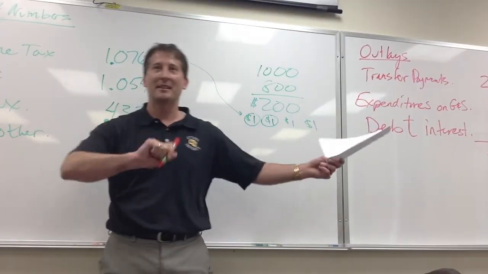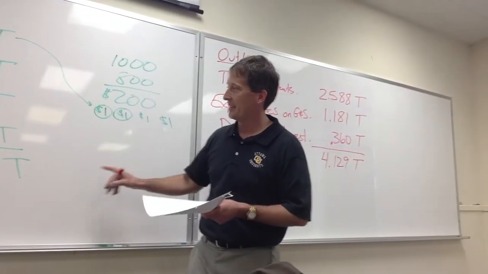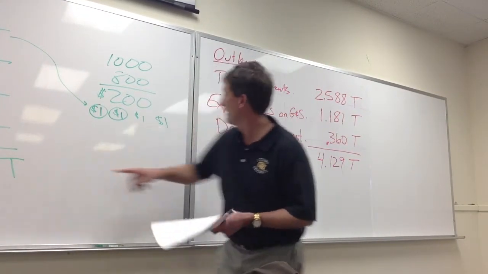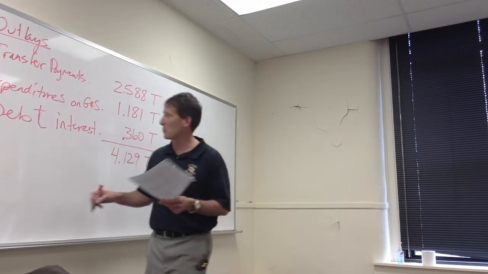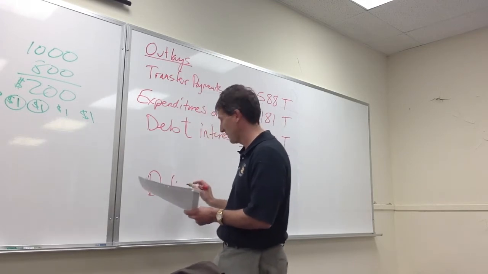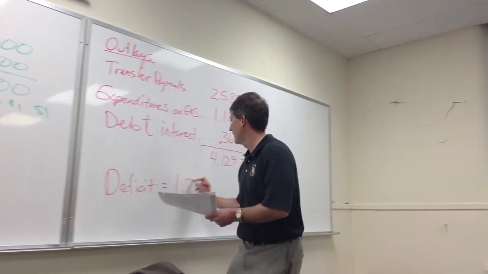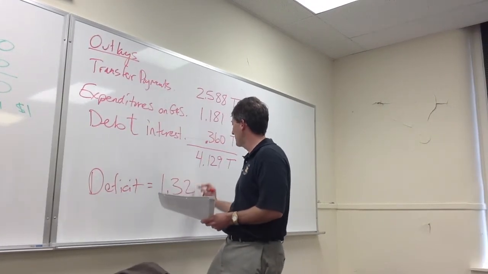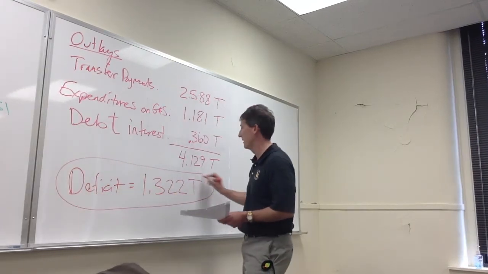Deficit or debt? Deficit. One year, 2.8 versus 4.1 leaves us $1.3 trillion. $1.322 trillion this year only short.